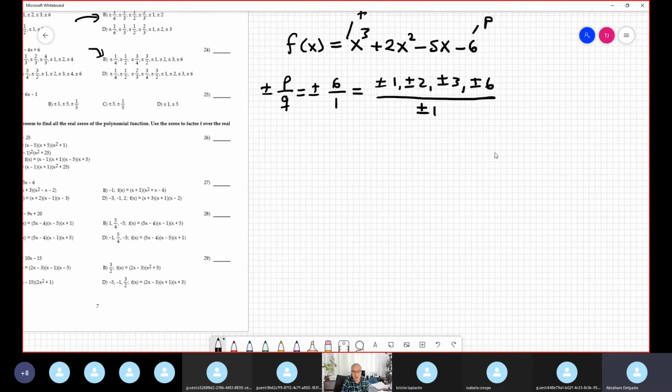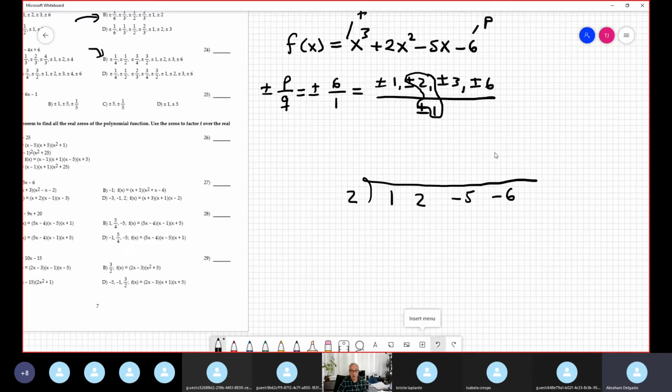Okay, I copy now my synthetic division. My synthetic division is 1, 2, -5, -6. I try, for example, it doesn't matter, the order is not important. I don't know why, I like to try positive 2. Okay, bring down 1. 1 times 2 is 2. 2 plus 2 is 4. 4 times 2 is 8.